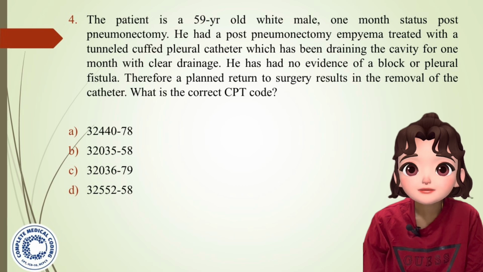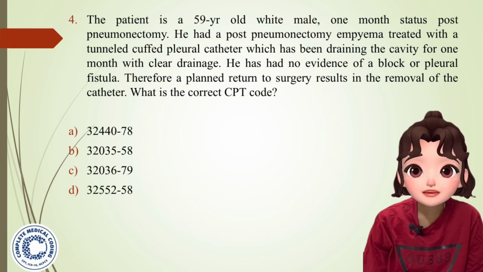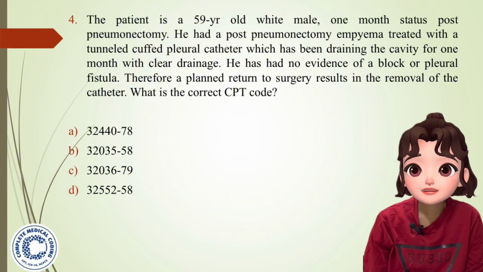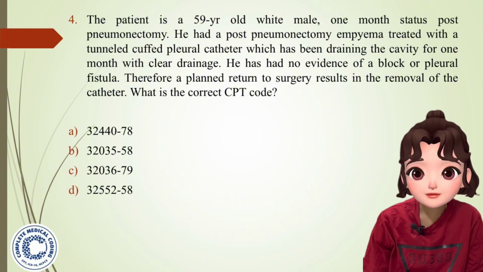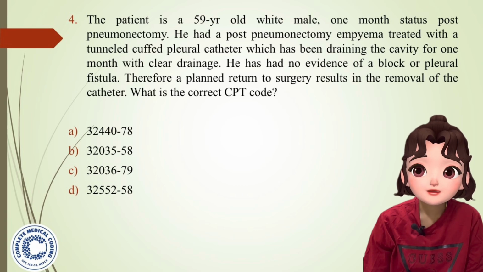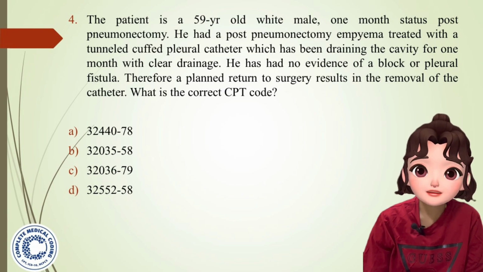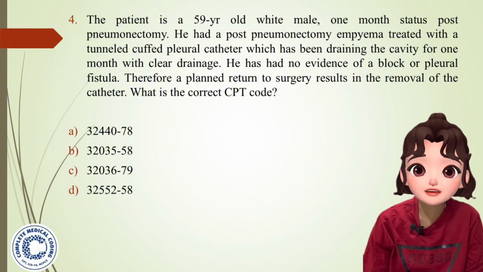Now fourth question. The patient is a 59-year-old white male, 1 month status post pneumonectomy. Means the patient had the procedure 1 month ago.